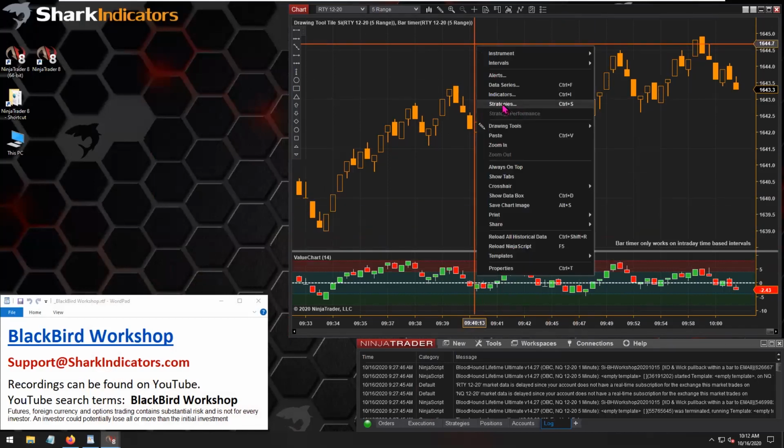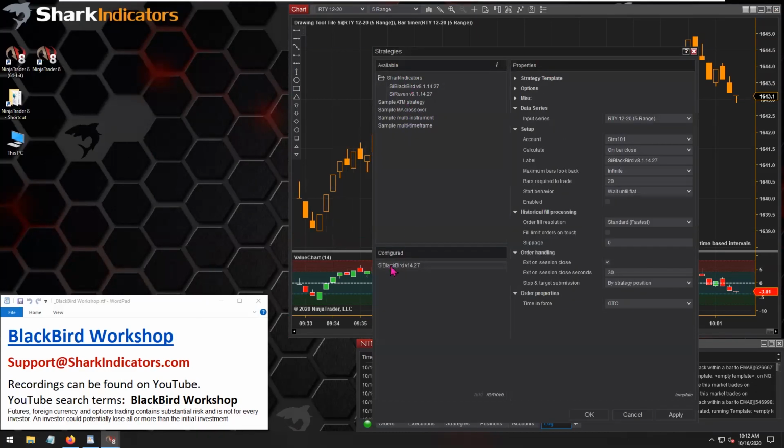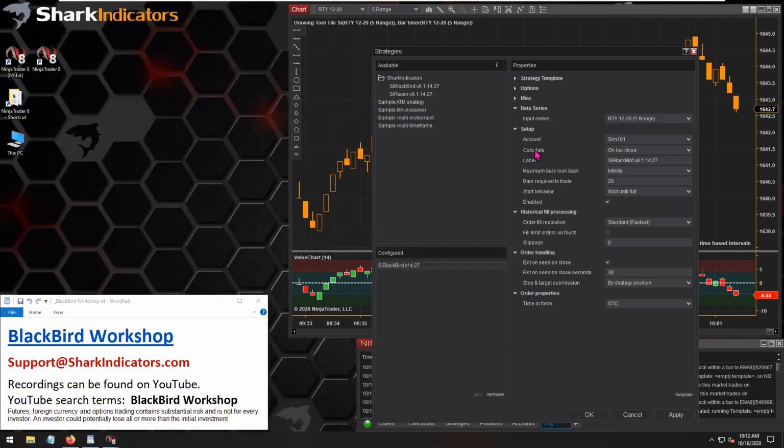Let me get BlackBird up and running. So let's get BlackBird up on the chart. And always remember, with strategies, you have to hit the enable option under setup. But also what's going to be critical, since Gregory wants to monitor this indicator in real time, is that NinjaTrader requires that you change the calculate mode.